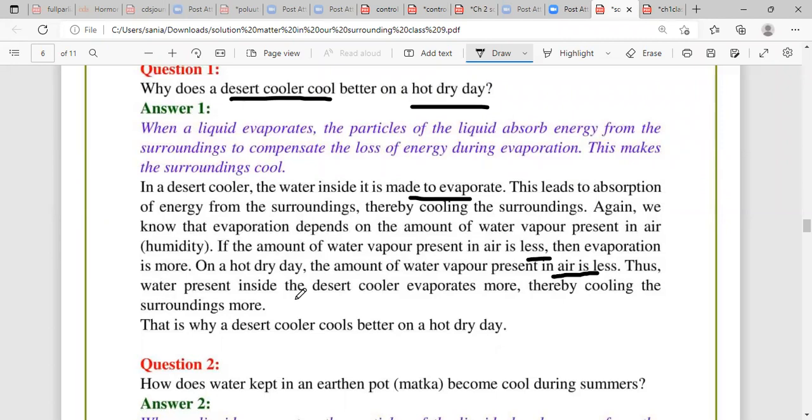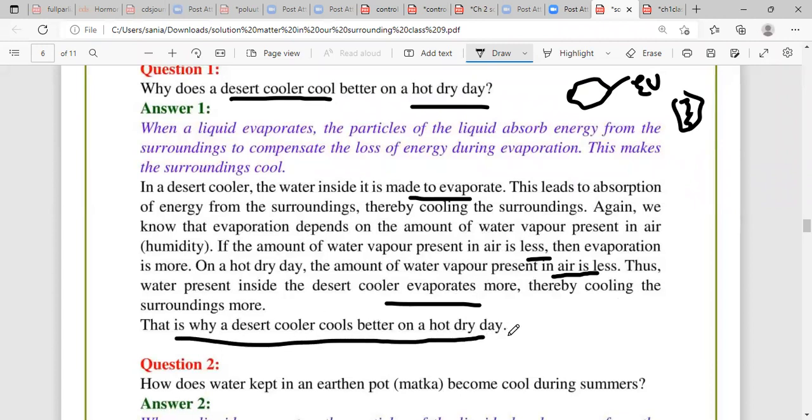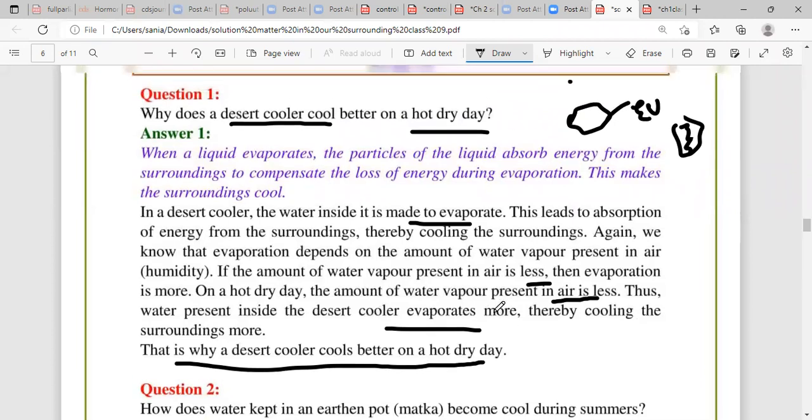Thus, water present inside the desert cooler evaporates more. See, if your air is light, you can evaporate easily, but if your air is heavy, you cannot. So on dry days, there is no humidity basically. So the air is light, and thus water present inside the desert cooler evaporates more, thereby cooling the surroundings more. That is why a desert cooler cools better on a hot dry day.